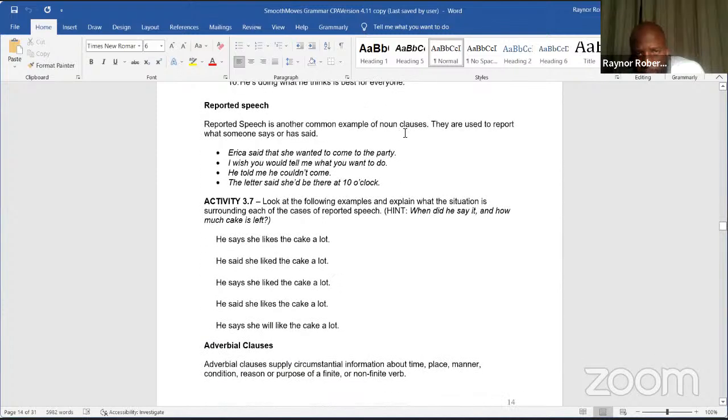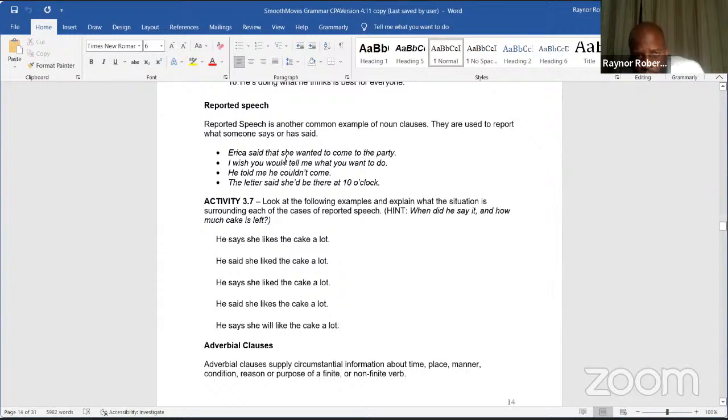Reported speech. Reported speech is another example of a noun clause. They're used to report what someone says or has said. Erica said, "I wish you would tell me what you would want to do." He told me he couldn't come. The letter said she would be there at 10 o'clock.